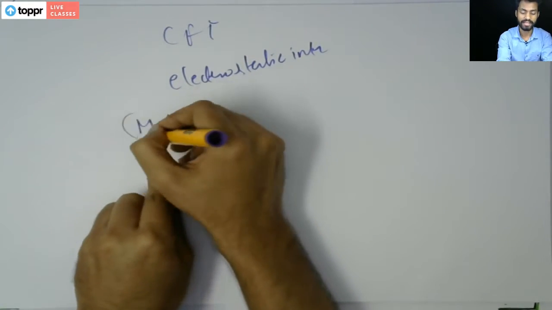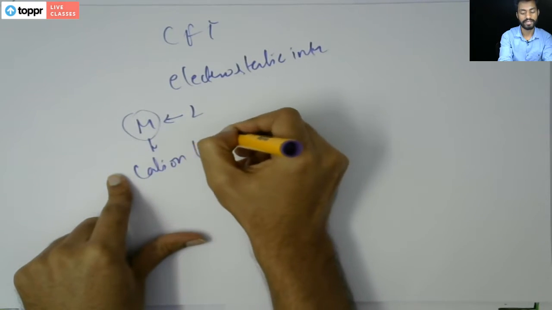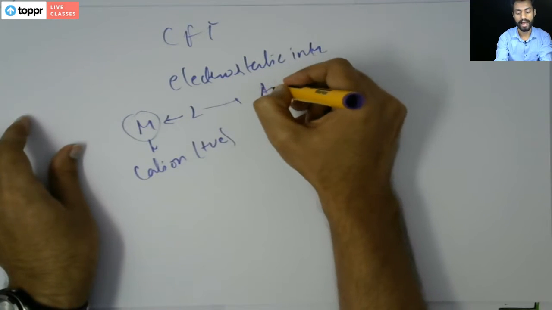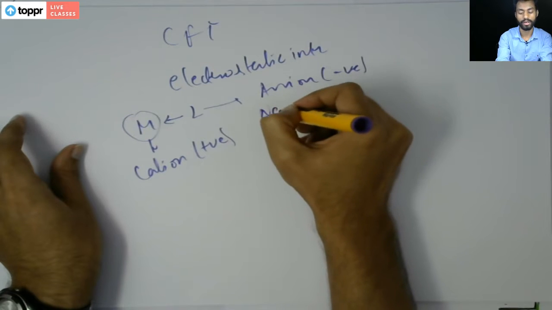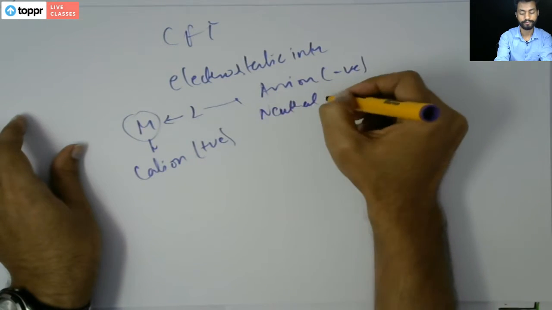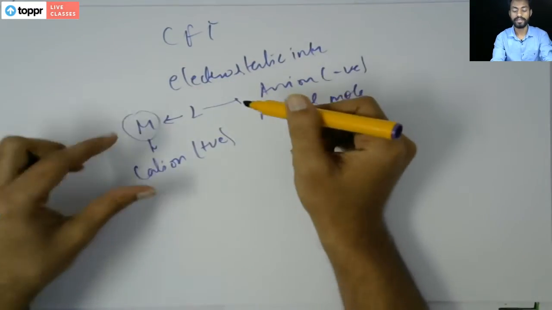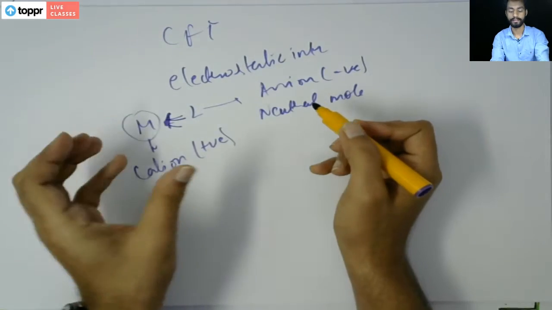The metals, as we know, are basically cations having positive charge. Ligands, most of the time, are anions with negative charge, or neutral molecules. So according to CFT, there is an electrostatic interaction between metal and the ligand.